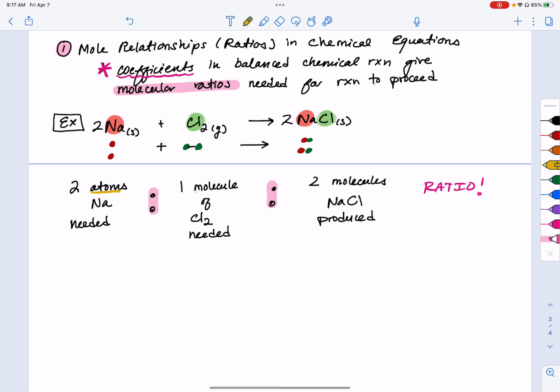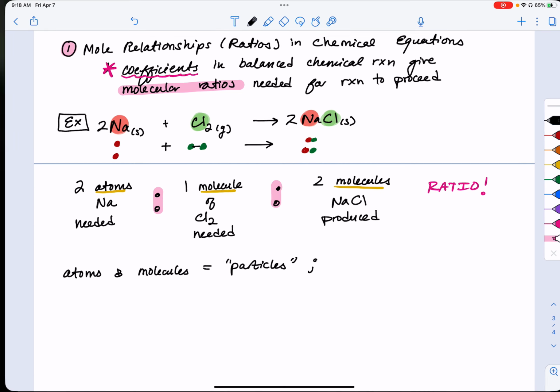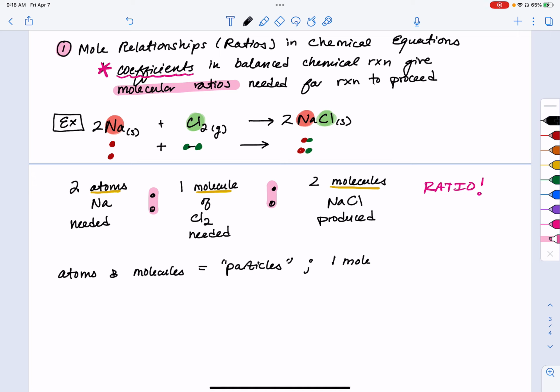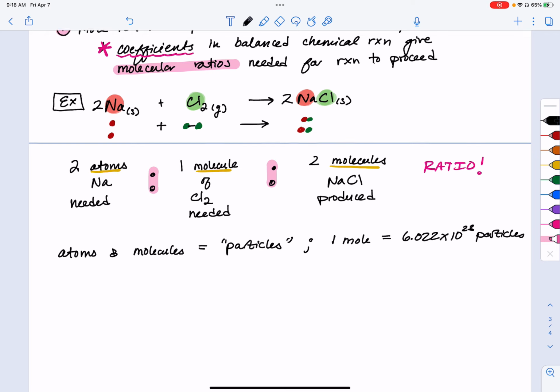So let's remind ourselves about this idea of atoms, molecules, etc. Atoms and molecules are generally what we call particles, and we know from Avogadro's number that 1 mole of a substance is 6.022 times 10 to the 23 particles of that substance.